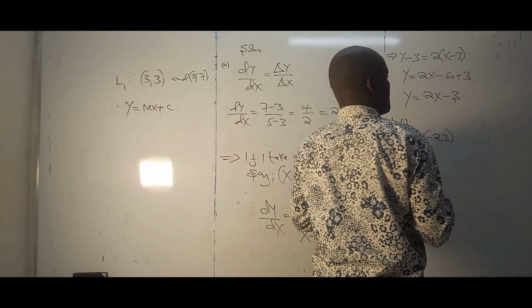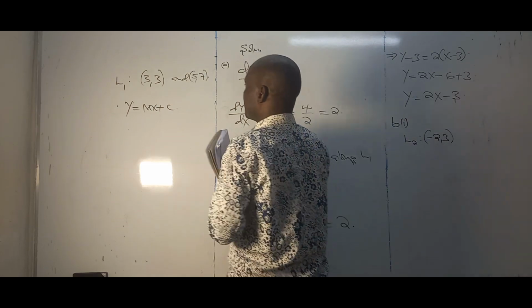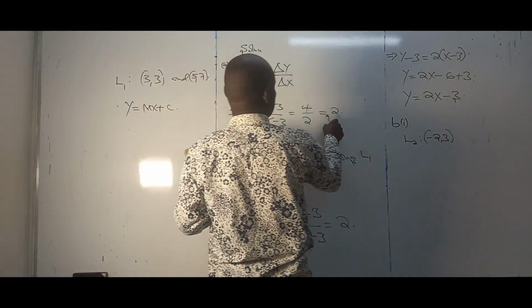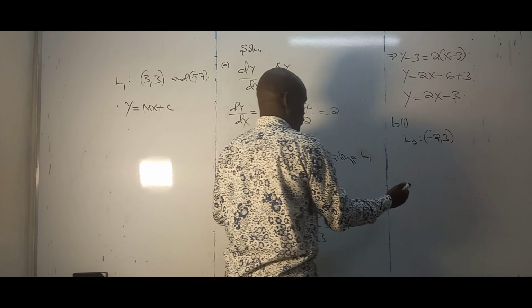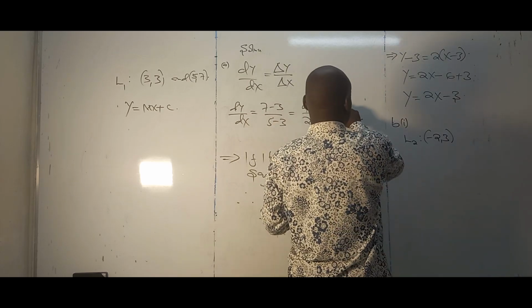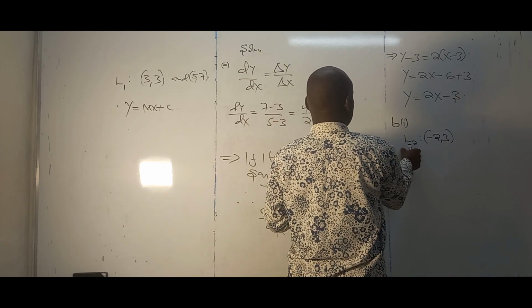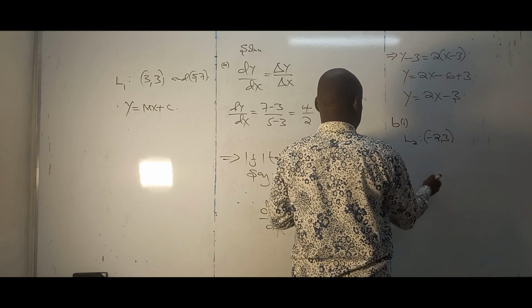But again, we can specify its gradient, because it is perpendicular to this, and the gradient of this is 2. We can argue that the gradient of this times the gradient of the perpendicular one, their product, should give us -1.